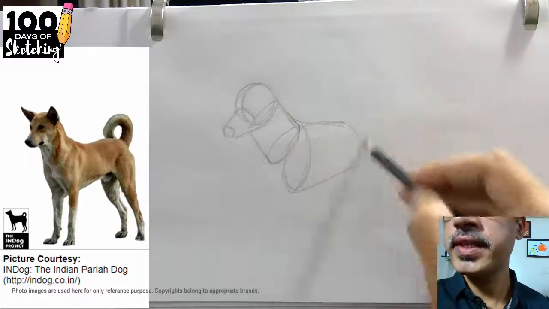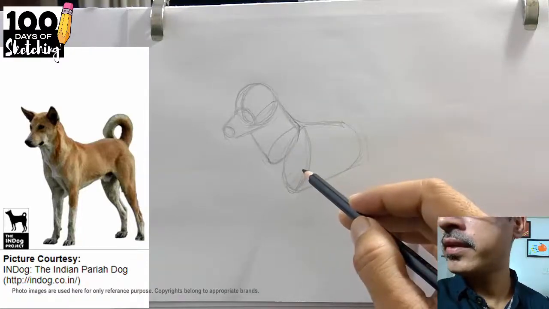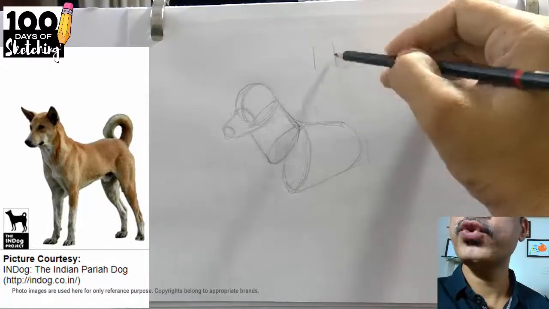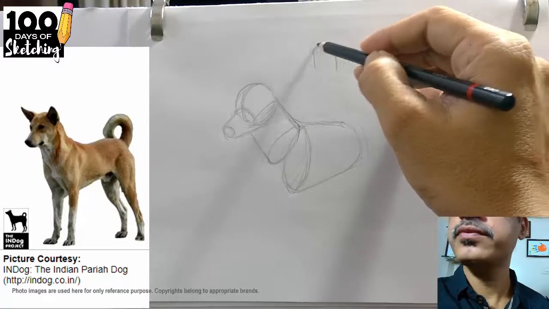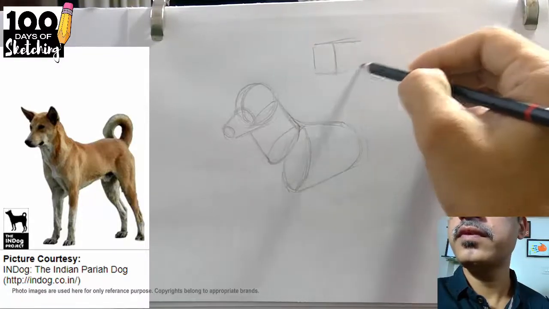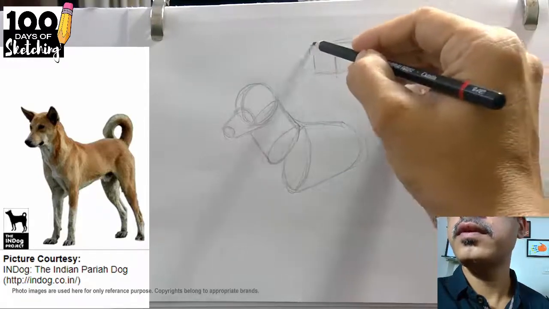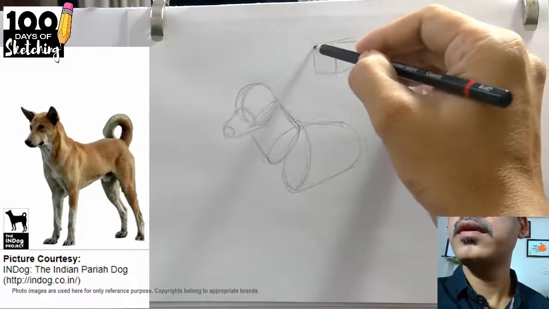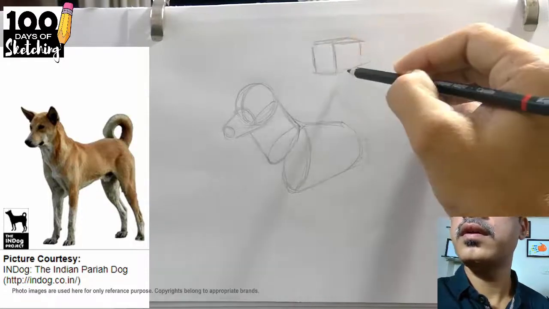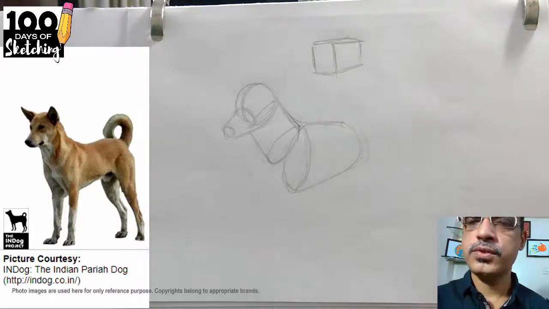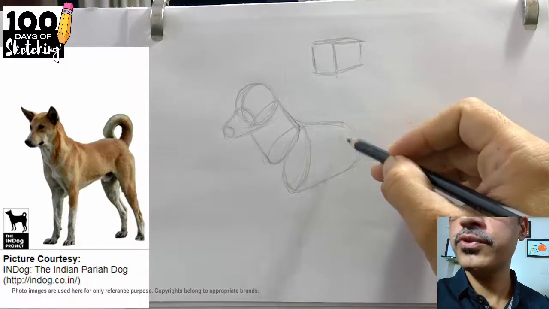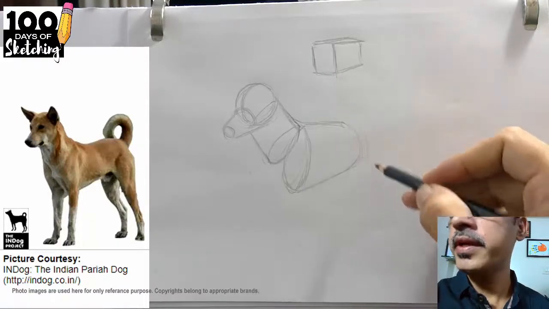For this specific area, I made a cylinder, but you can try out a cubical form also. That's up to you. I feel it is the cylindrical form, so I made that.